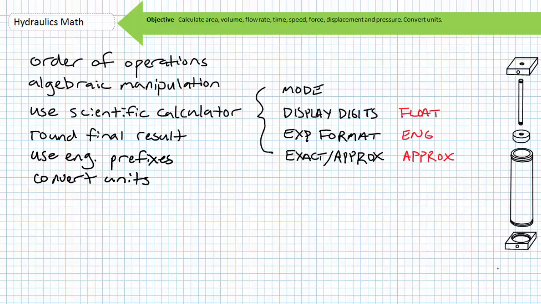reasonable degree of accuracy. Secondly, sometimes instrumentation employed in hydraulics, such as pressure gauges and flow meters, are analog, not digital in nature, meaning a needle meter that points at numbers on a scale open to interpretation.